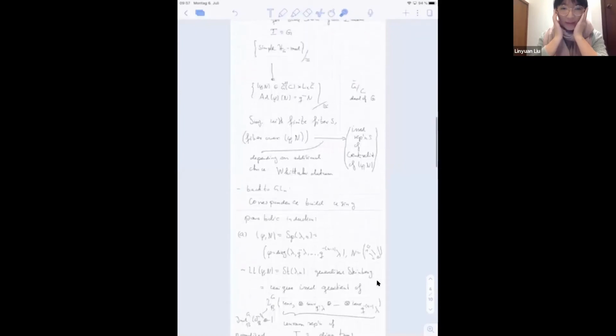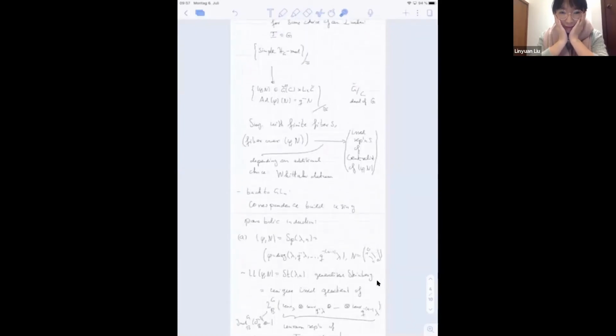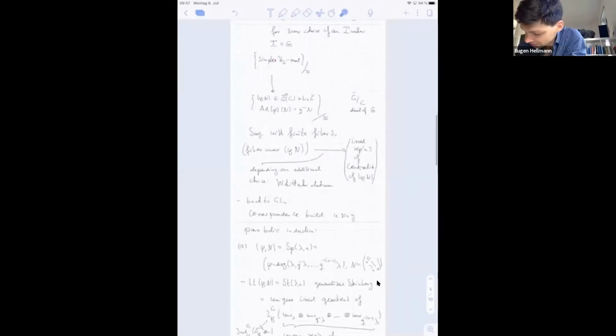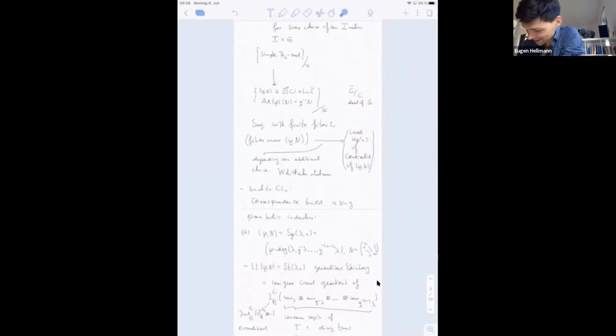This one here is surjective, yes, with finite fibers. But I didn't say that this one here was surjective. Yes. And the question just came up, and I wanted to make this remark anyway.